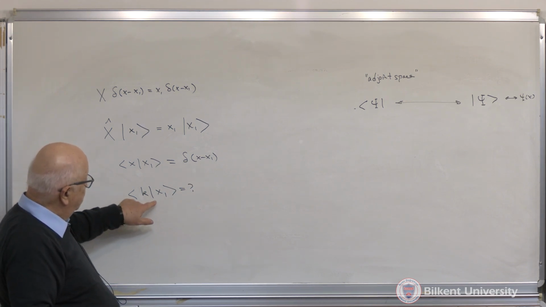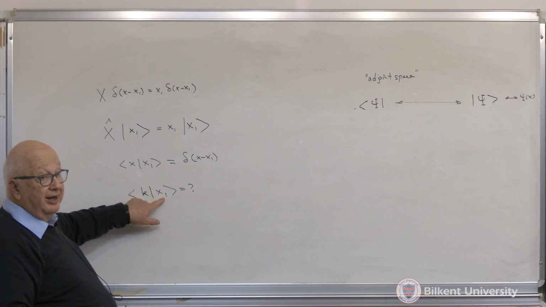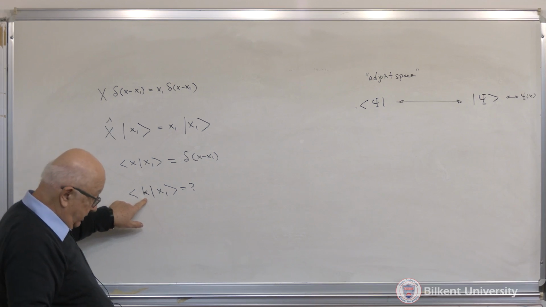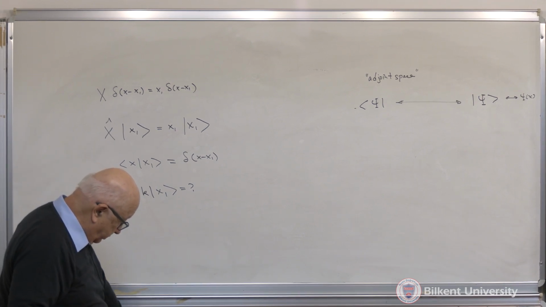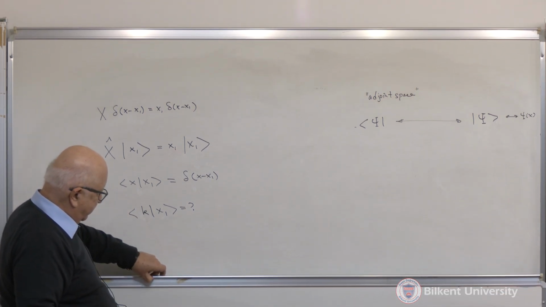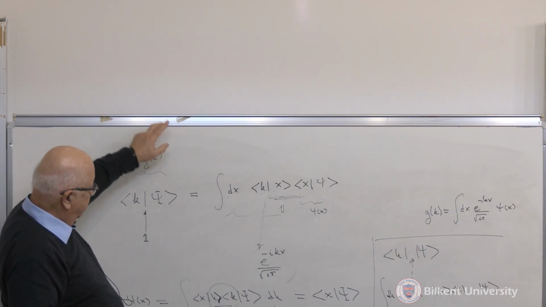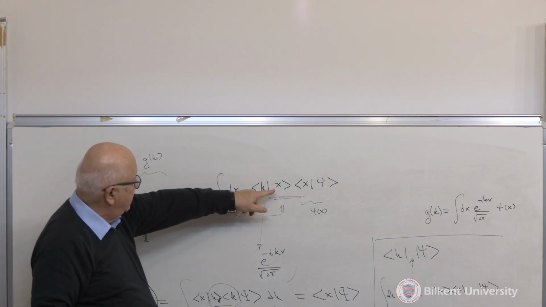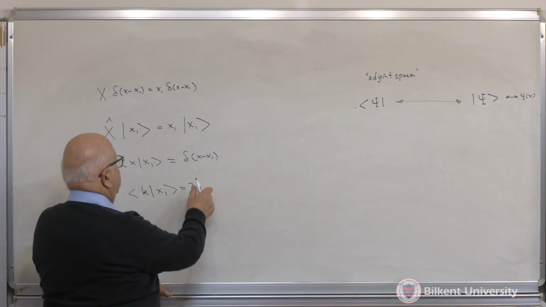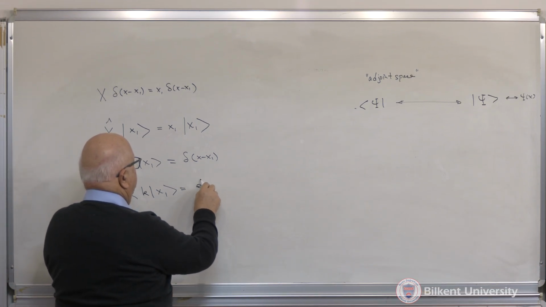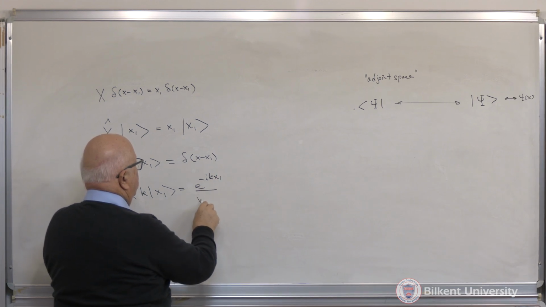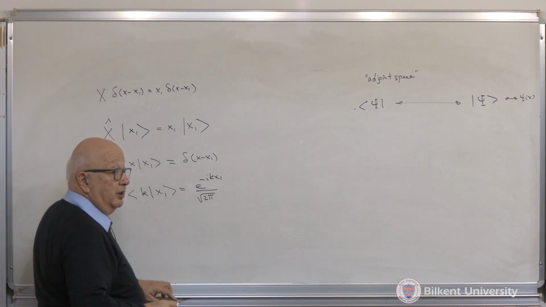This is going to be the form of the eigenstate in the momentum basis. And that we know, the transform of the delta function, we already looked at that. <k|x1> is e to the minus ikx1 over square root of 2 pi.